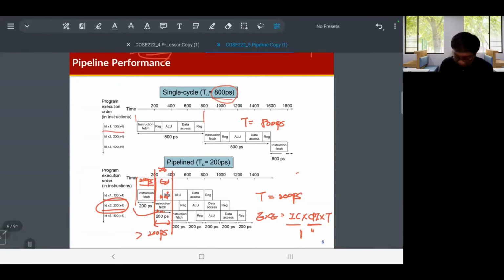So we can fetch this first load instruction during the first 200 picosecond time period, and then for the next 200 picosecond period, we can fetch the next instruction. And also we can fetch the next instruction for the next 200 picosecond time period. So which means that every 200 picosecond, we can fetch another instruction.